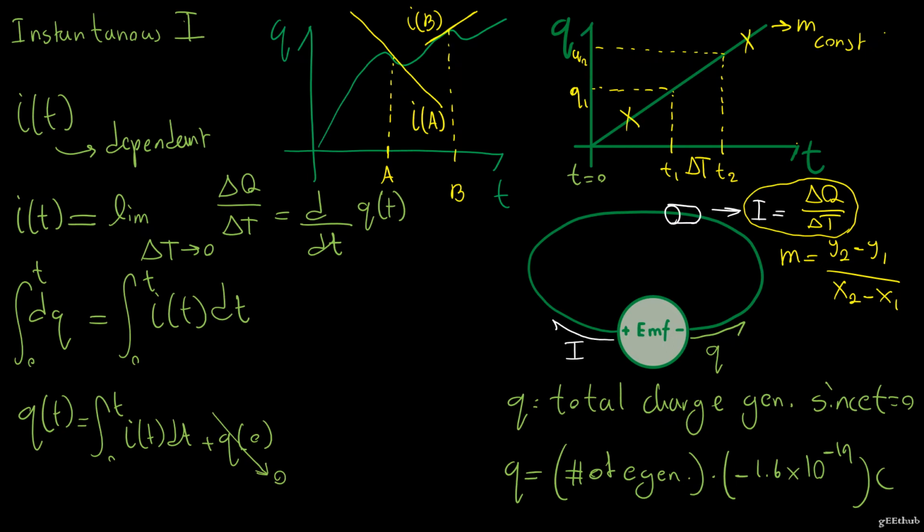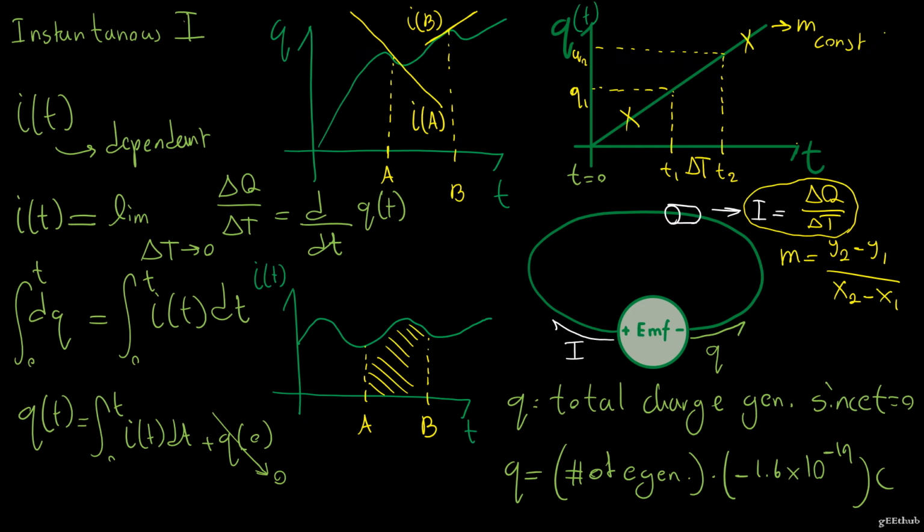What this means is that if I were given a current-time graph instead of charge-time, and let's say it looks something like this, it doesn't matter how it looks, then if I want to calculate how much charge is generated by this EMF within two different time values, A and B, all I have to do is integrate my function of I and calculate this area under the curve.